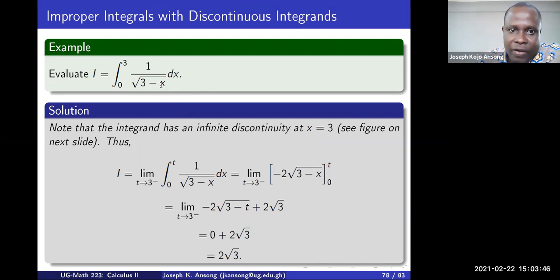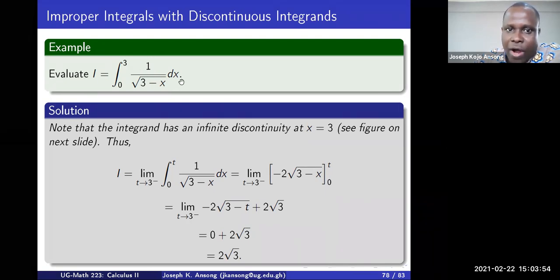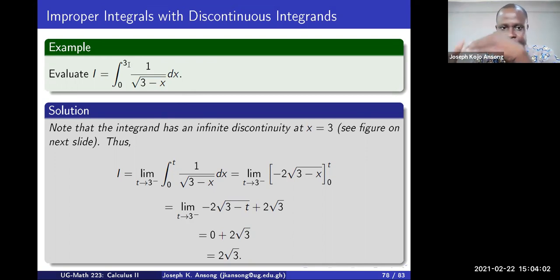You have 1 over 3 minus 3, which is 0, so you have 1 over 0, that's infinity. This function blows up at 3. That is why this is an improper integral. So in that case, you have to replace this 3 with some variable and find a limit as you approach it. Note that the integrand has an infinite discontinuity at x equals 3.